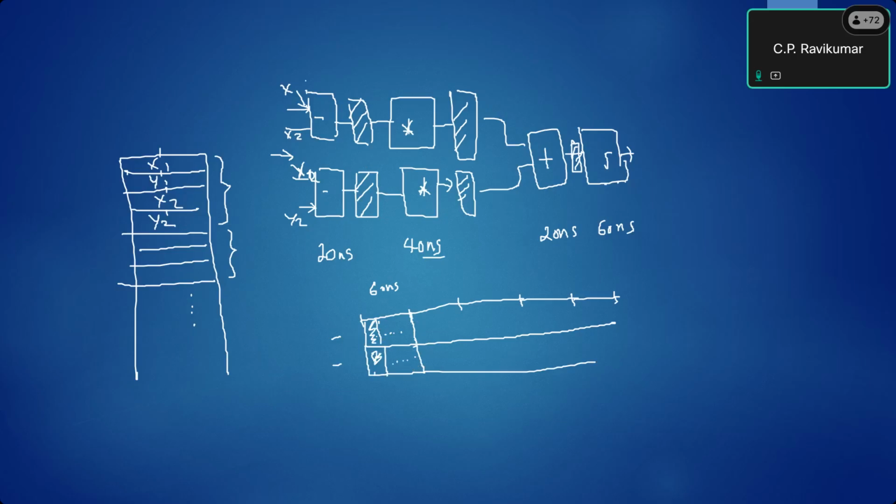At the end of 60 nanosecond, they will write it into the buffer. Okay. And the multiplier can start its work here. And even the multiplier is only going to take 40 nanoseconds. And it's sort of idle here.